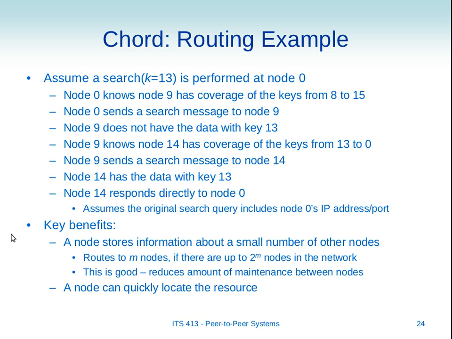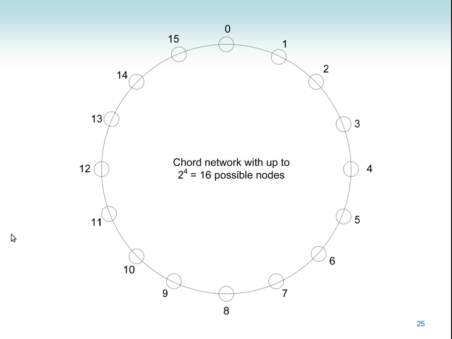Let's go to our initial network. From node 0's perspective, assuming nodes 1, 2, 4 and 8 exist, then if we want to search for key 1, the nearest node should be node 1, because node 1 should have key 1.